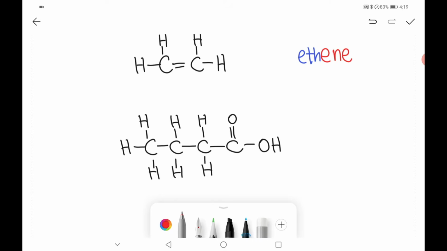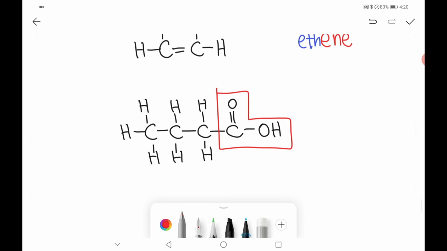To know the back part, we need to check the homologous series, which group it belongs to. As you can see, the functional group is COOH.